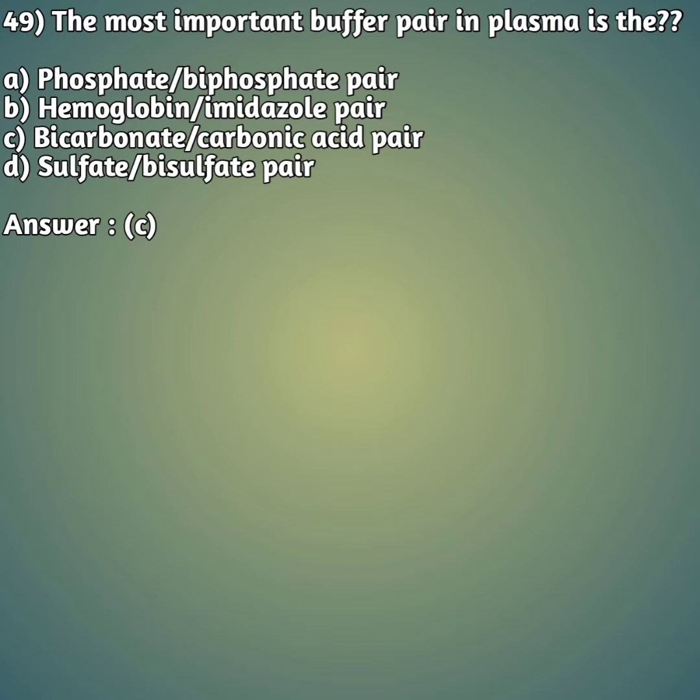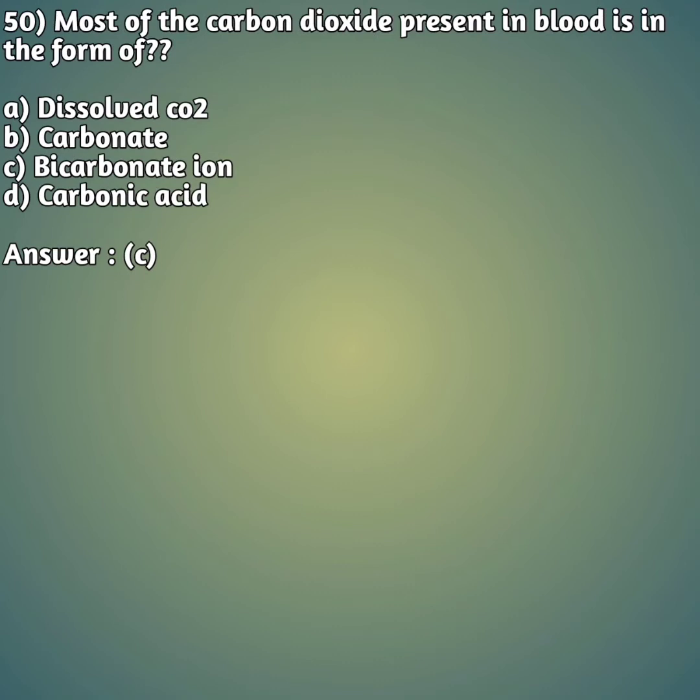Moving on to our 50th question. Most of the carbon dioxide present in blood is in the form of what? Option A, dissolved CO2. Option B, carbonate. Option C, bicarbonate ion. And option D, carbonic acid. So friends, the right answer is answer C, bicarbonate ion.